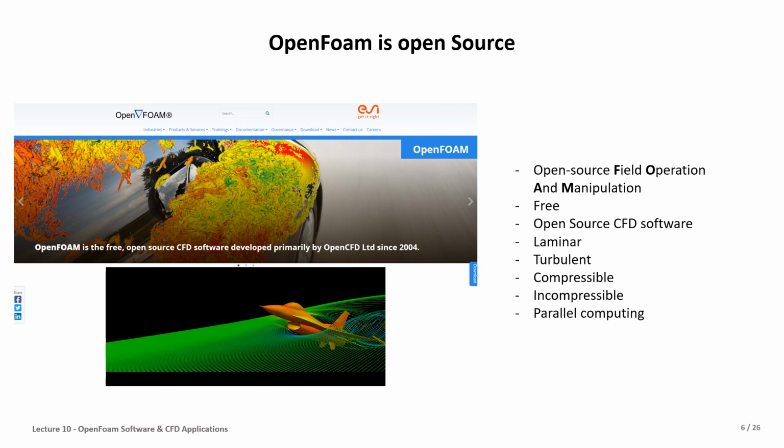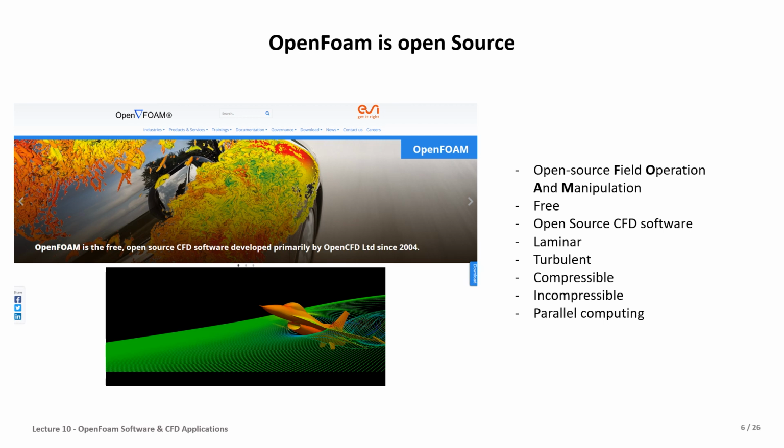It covers problems in the laminar regime, in the turbulent regime, and also compressible and incompressible flows. It's possible to run it in parallel computing on a cluster, and also on a personal computer like a laptop.